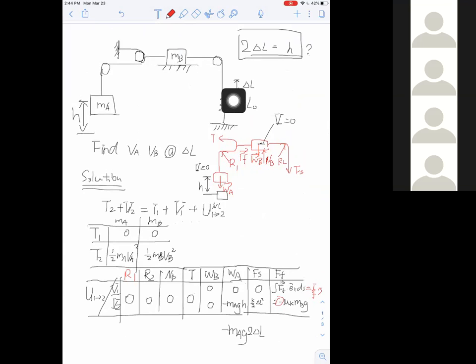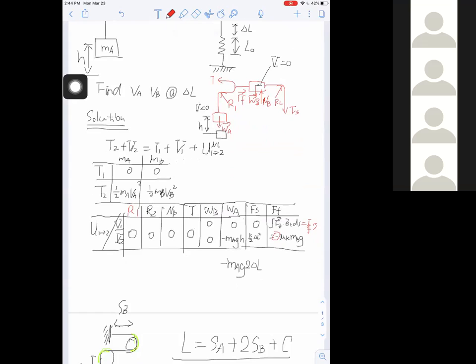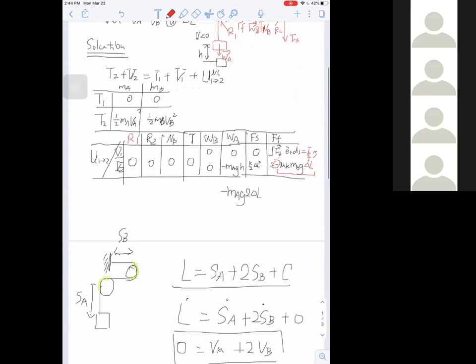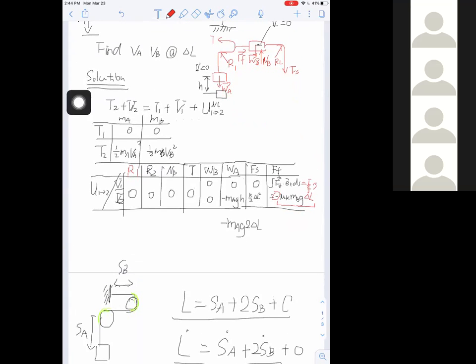In this problem, we know the stretch of the spring is delta L, which means block B has moved the same length, delta L. So S here is delta L. Make sure you multiply by delta L. That is the total work done by the friction force. Thanks for the correction. All right. Now you should have all the components for your work-energy equation, right?